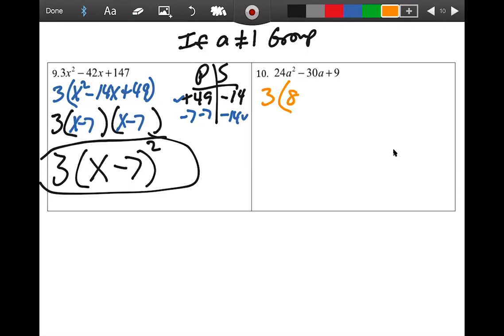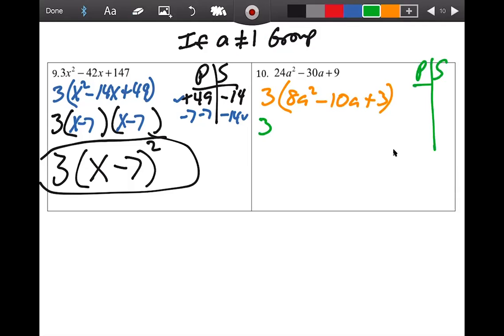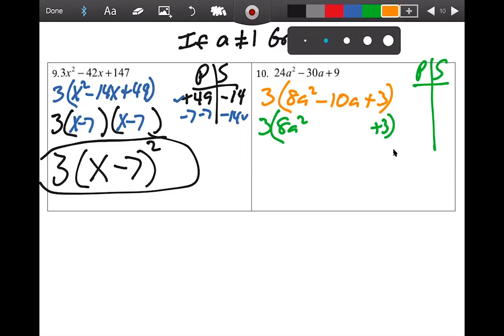So 8a squared, minus 10a, plus 3. Bring our 3 down. This is not a 1. So if it's not a 1, we group. Product sum is going to help us group. I'm going to keep my 8a squared and my plus 3, but I'm going to find out what my minus 10a is going to become.